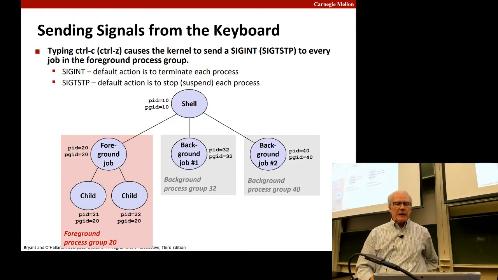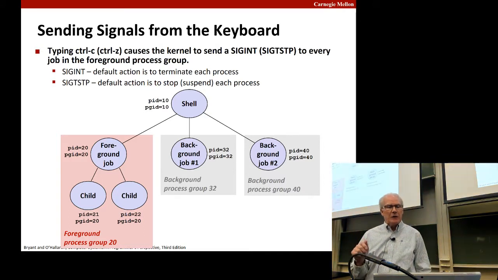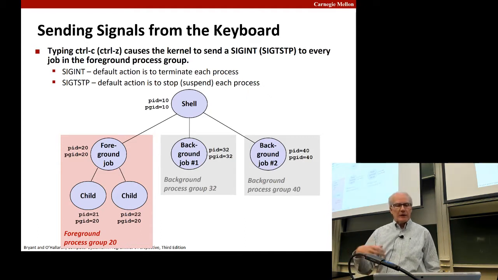The way it happens is the kernel sends the SIGINT signal to every job in the foreground process group, including its children, possibly. There's a similar one, if you do Control-Z, that's called SIGSTOP.